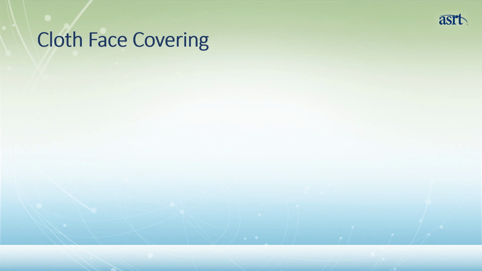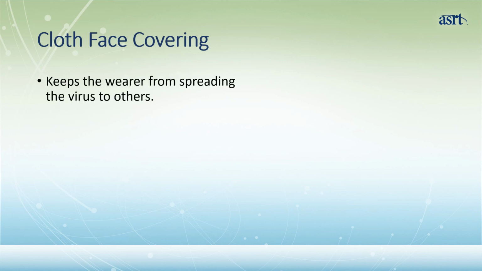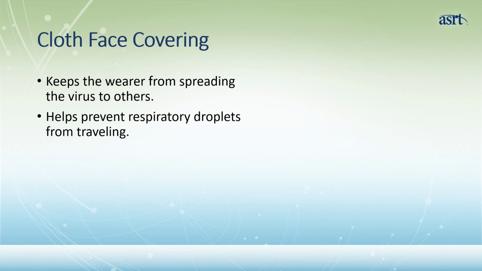A cloth face covering does not necessarily ensure the wearer is immune to infection by respiratory droplets, but it helps substantially in keeping the wearer from spreading the virus to others by trapping larger droplets within the fabric. Cloth face coverings provide an extra layer of protection to prevent respiratory droplets from traveling in the air and onto other people.